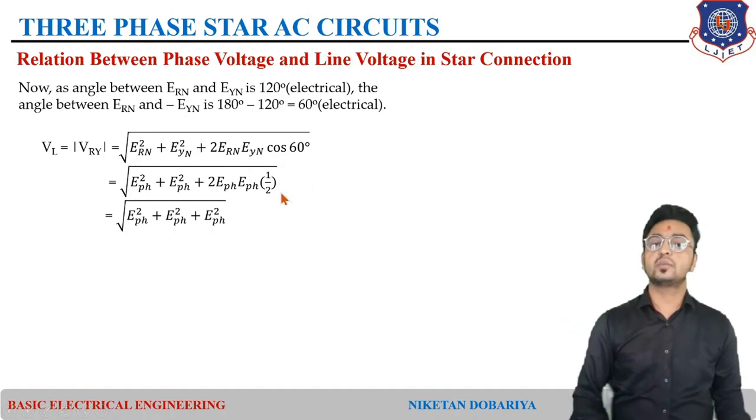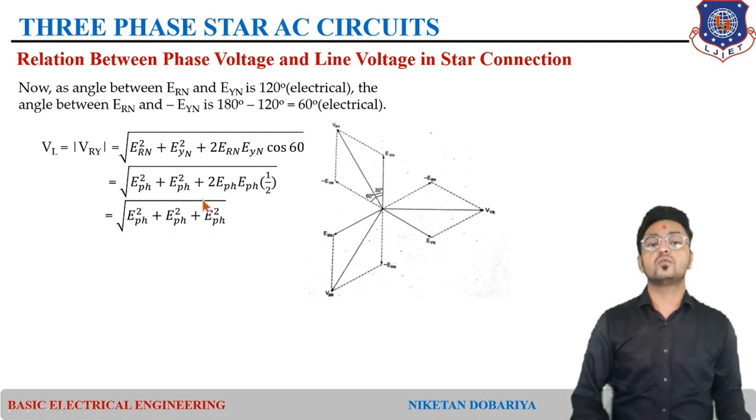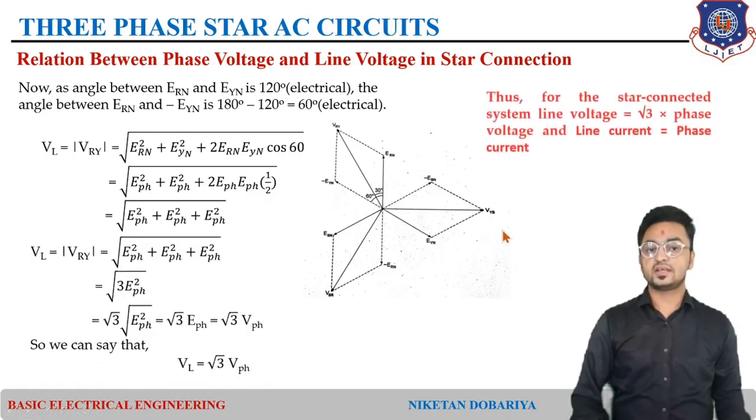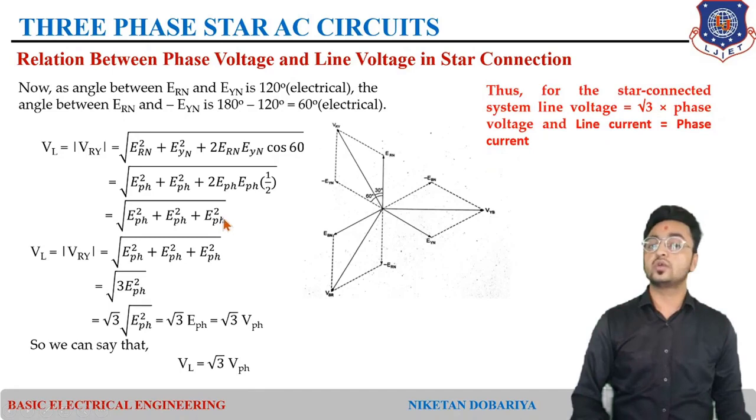So cos 60 is 1 by 2, and the 2 and 2 will cancel out. Here all are having the same value, so basically we get E square, where E means phase voltage, plus E square plus E square. So we have 3 times phase voltage square, that is 3 E square phase.